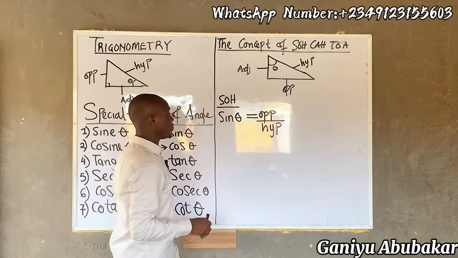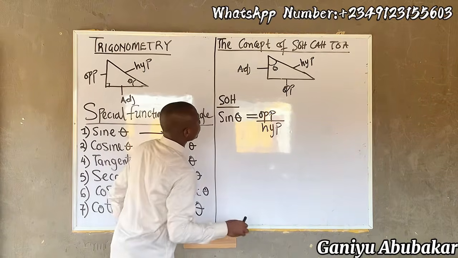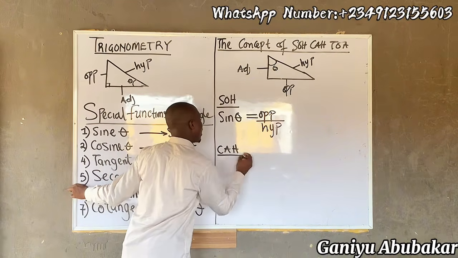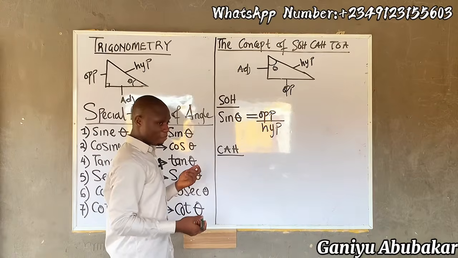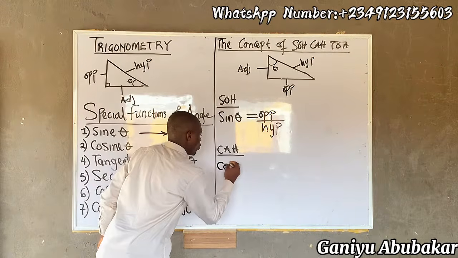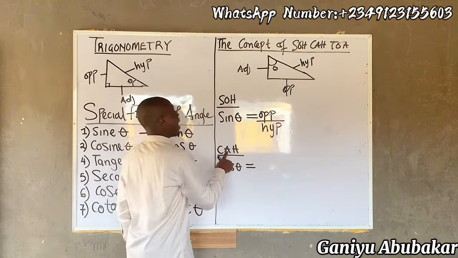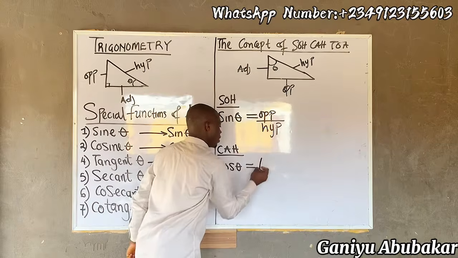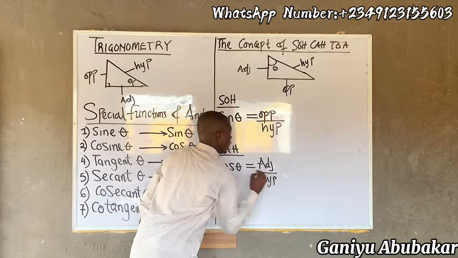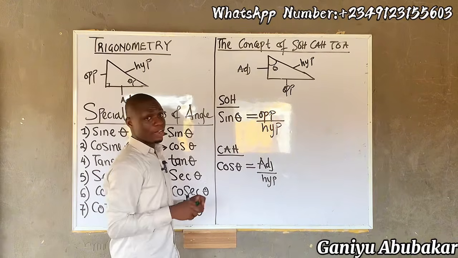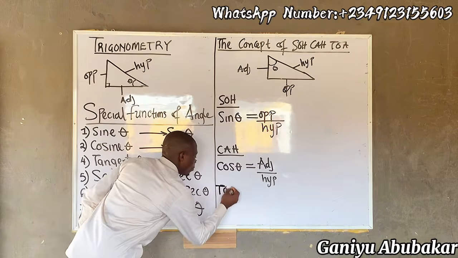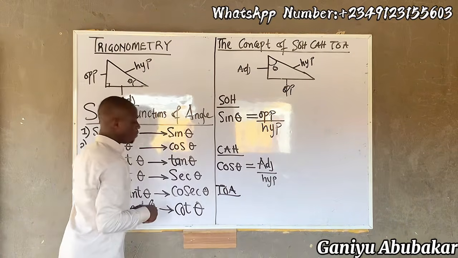Next up, for CAH, CAH is for cos theta. So cos theta is equal to adjacent over hypotenuse. This is what CAH signifies. Finally, for TOA, this signifies tan theta.